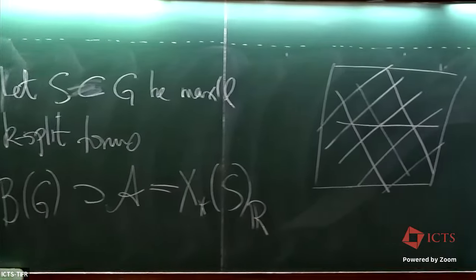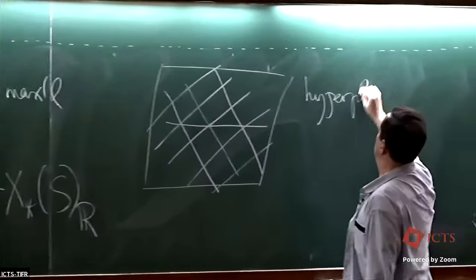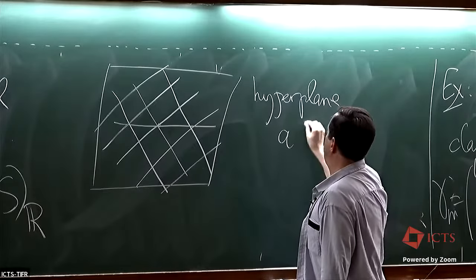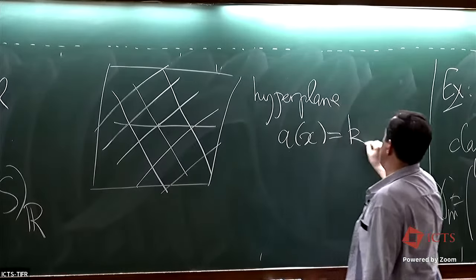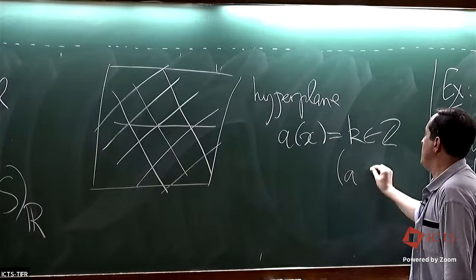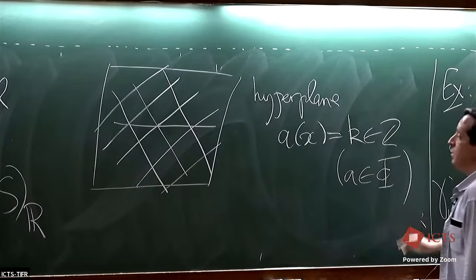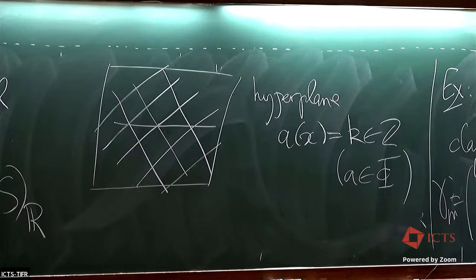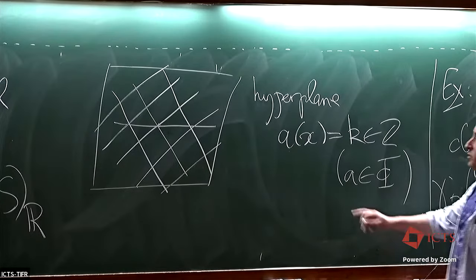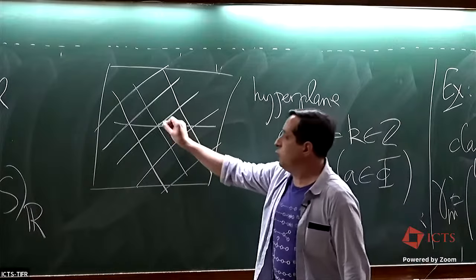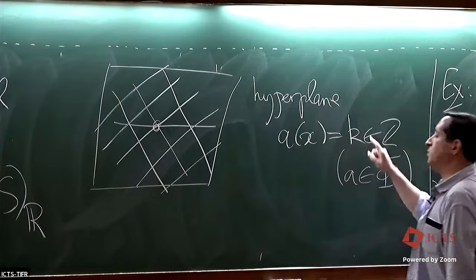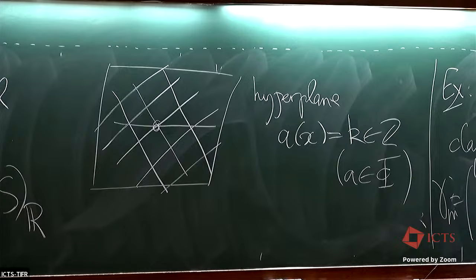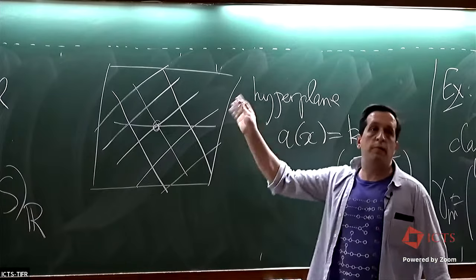We're going to look at the hyperplanes defined by a of x equals an integer. Here a is a root. Okay, so roots act on co-characters given linear functionals, and when you set them equal to 0, you get the root hyperplanes. But if you set them equal to various integers, you get parallel copies. And so you get this collection of hyperplanes.